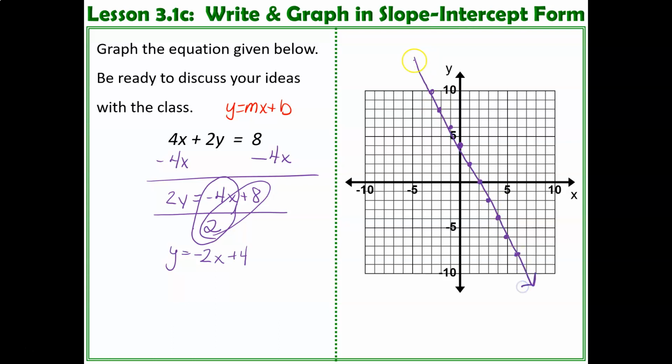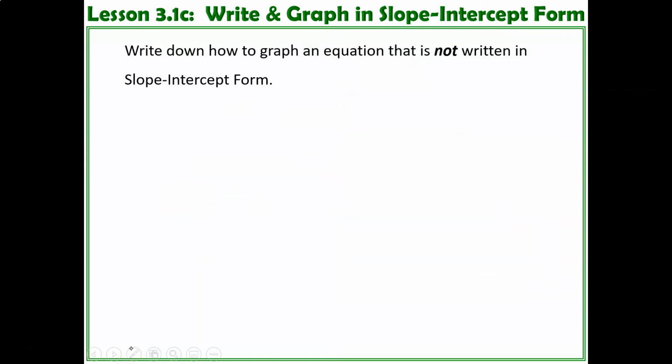So if you look at this, it shows the place that it intersects the y and a place that it intersects the x. So if you just had those 2 points, you could also just graph it with the 2 points, and I'm going to show you how to do that too. So here's a question. Write down how to graph an equation when it is not written in slope-intercept form.